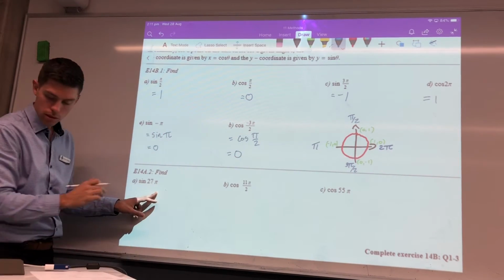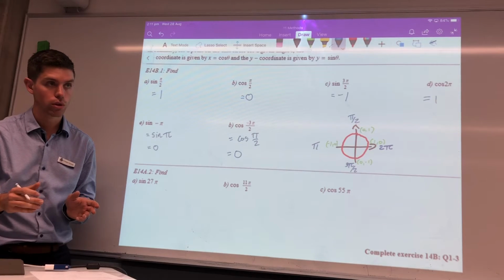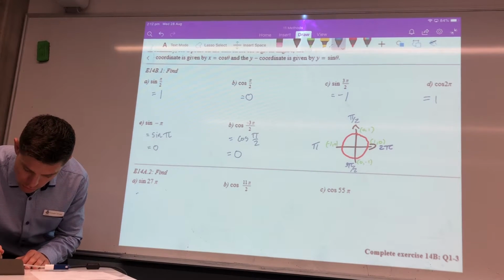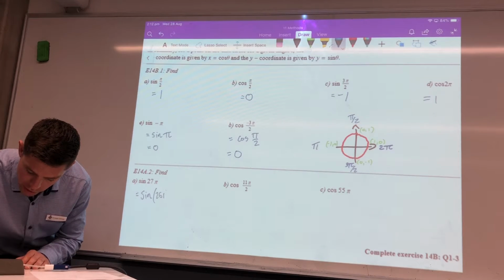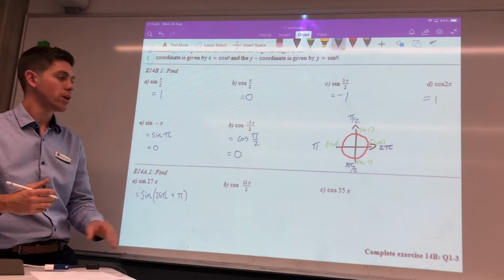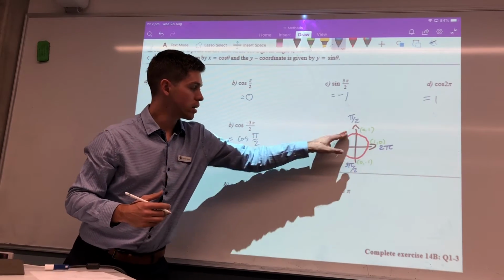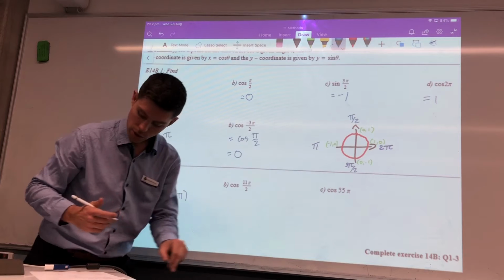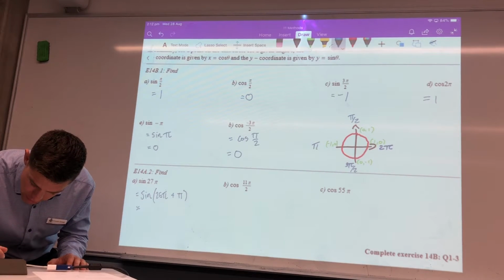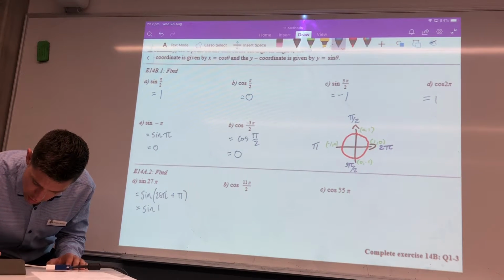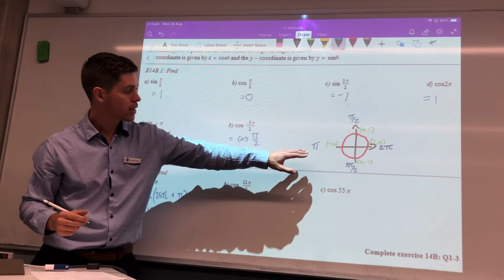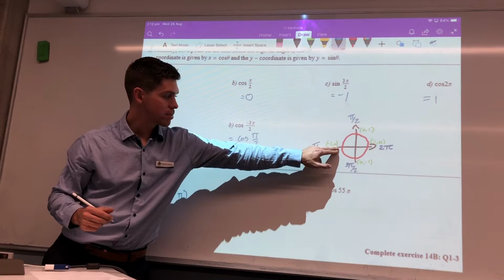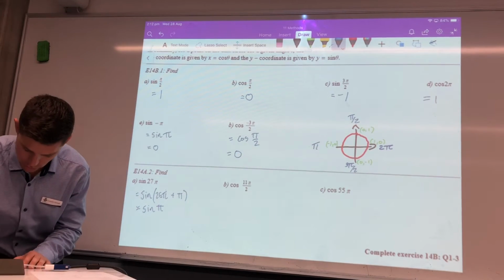So this is the same as sine of 26 pi plus 1 pi. And we know that 26 pi, as multiples of 2 pi, brings us back starting from here. So this is the same as sine of pi. And then sine of pi is the y coordinate at this position, 0.